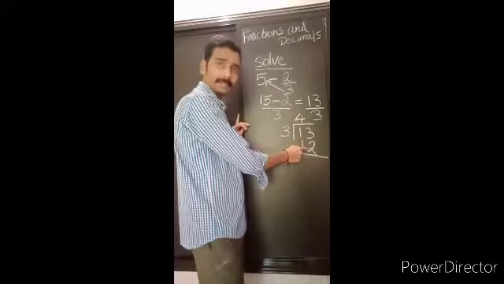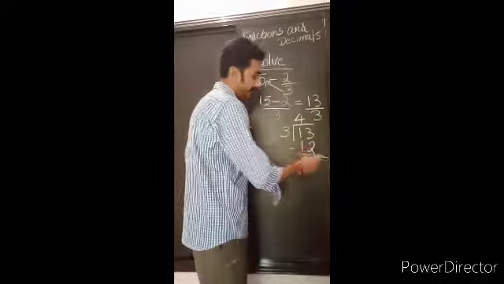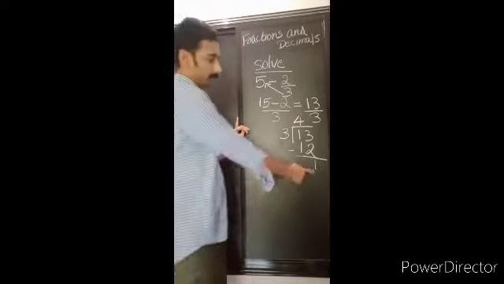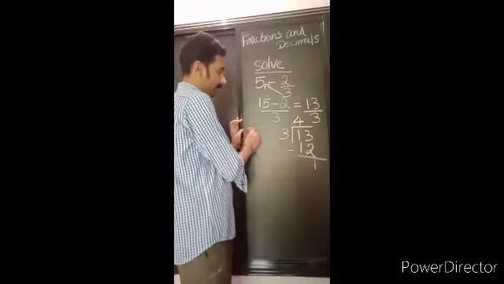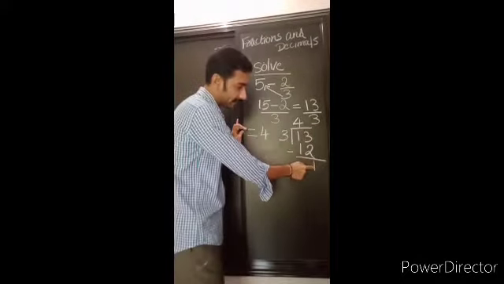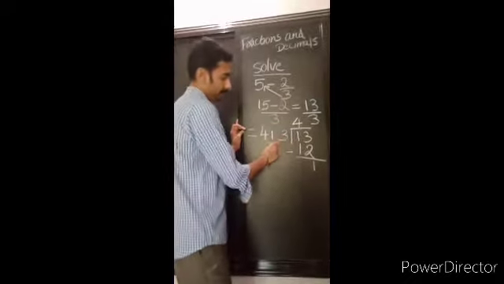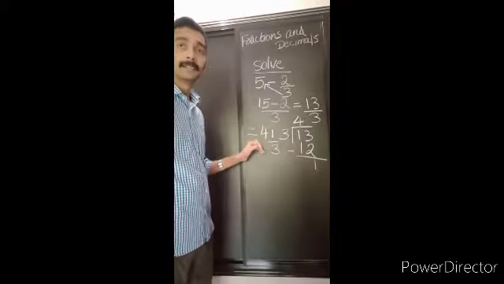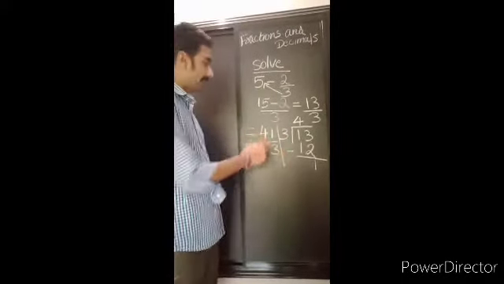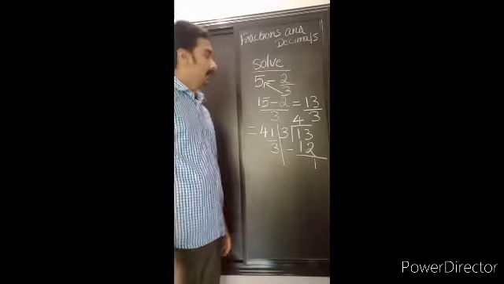Then we subtract, 13 minus 12, 1. The answer is 4, the remainder is 1 by 3. This is a mixed fraction. The answer is 4 and 1 by 3. Clear?